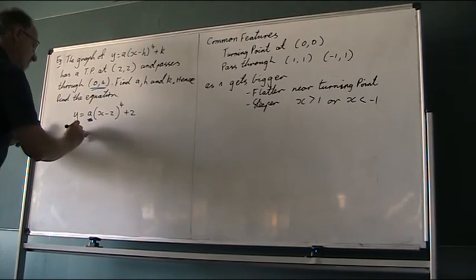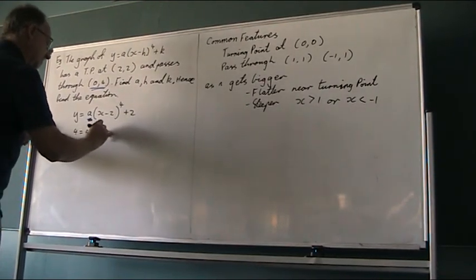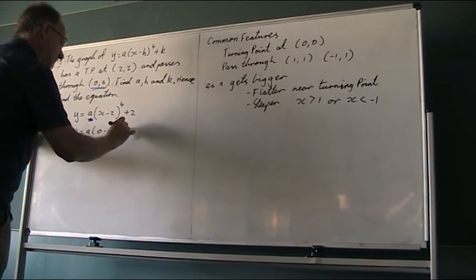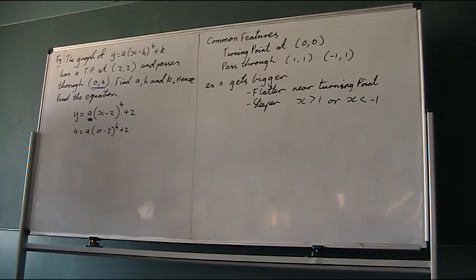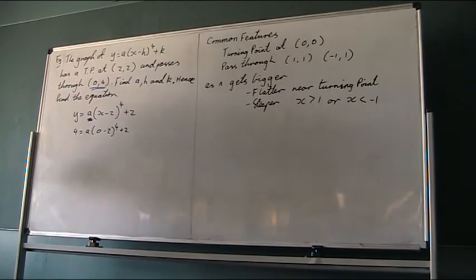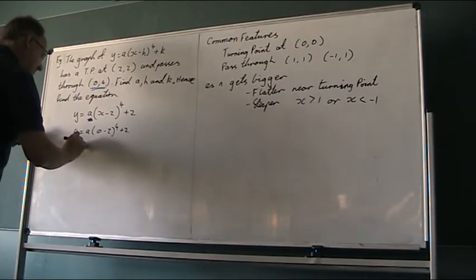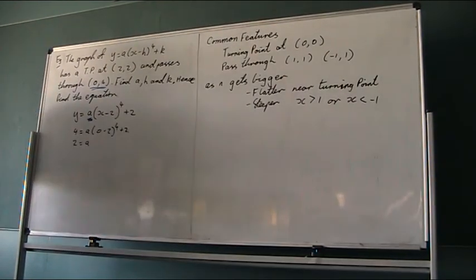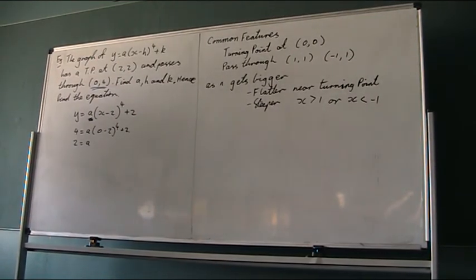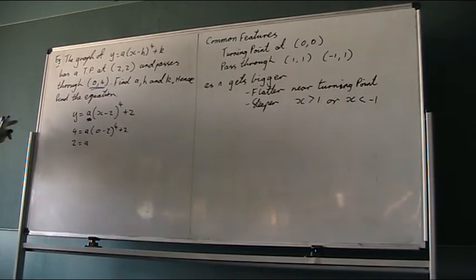So 4 then would be equal to a times 0 minus 2 to the power of 4 plus 2. I'm going to take 2 from both sides to get 2 equals a times 0 minus 2 is negative 2.